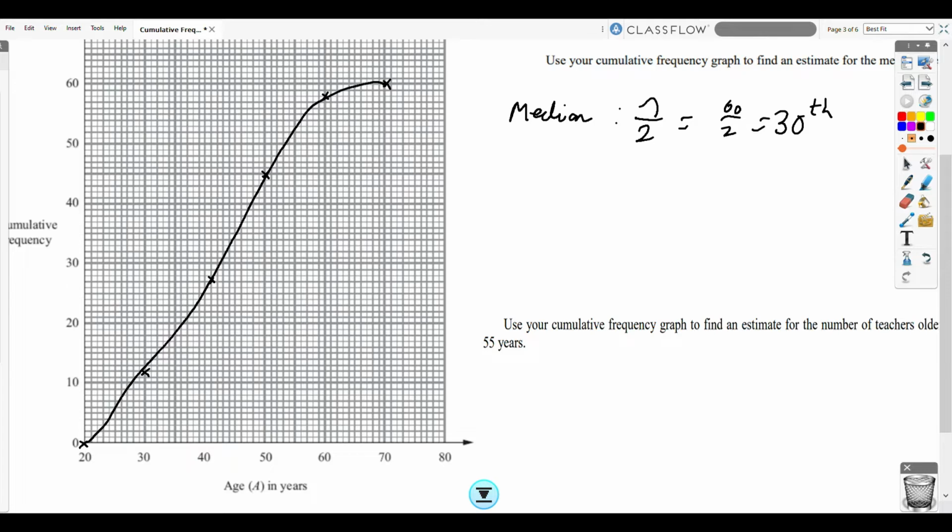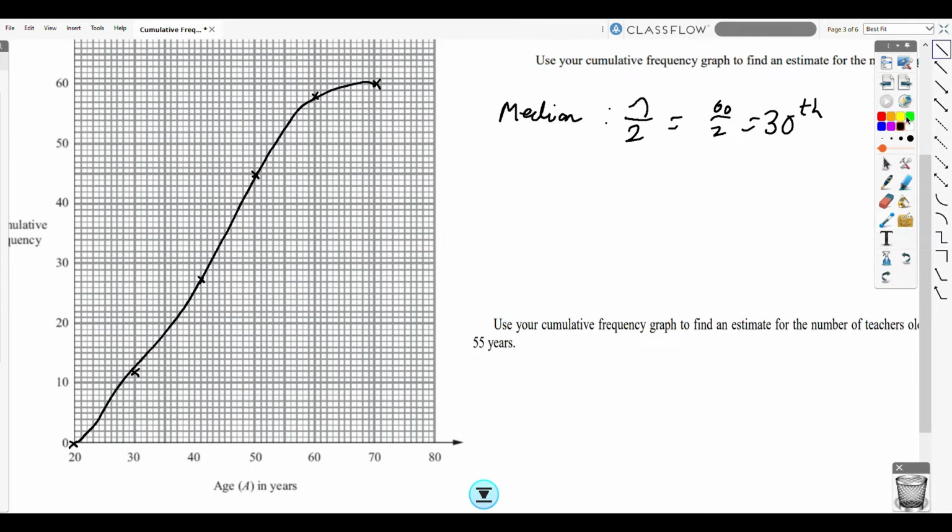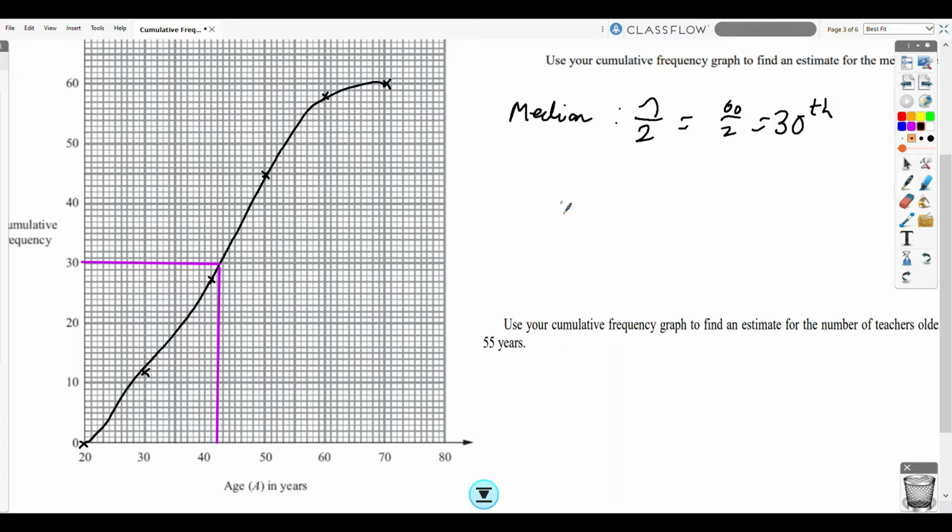All you do on your diagram, at 30 on the y-axis, you draw a line across until it hits the graph. And as you can see, that's coming down about here. So that's about 43. Within 1 to 2 of this will be fine. So it's about 43, and your units are years. And that's your answer for the median.